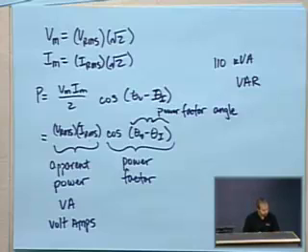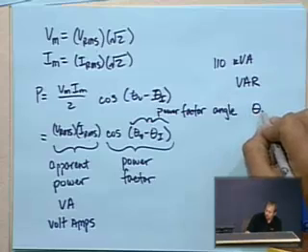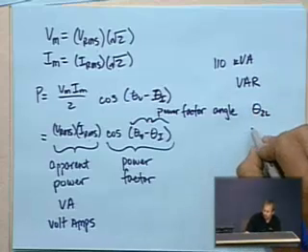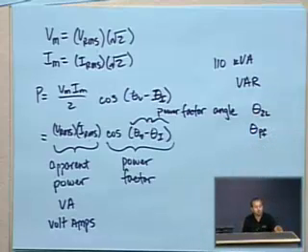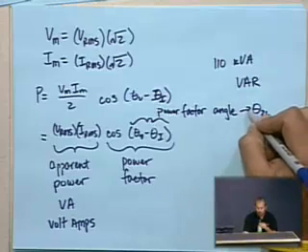What we will see is frequently this will be called theta ZL, sometimes theta PF, something like that. One of those abbreviations will be for the power factor angle.